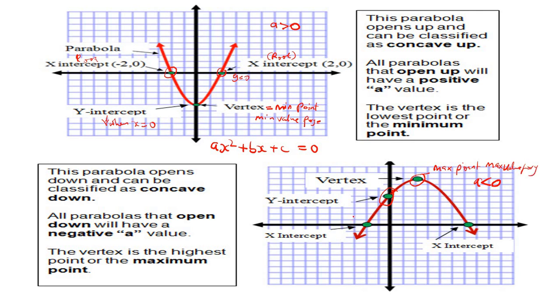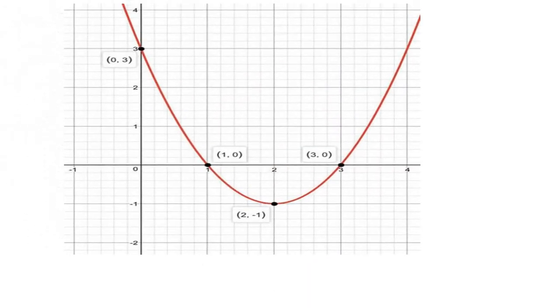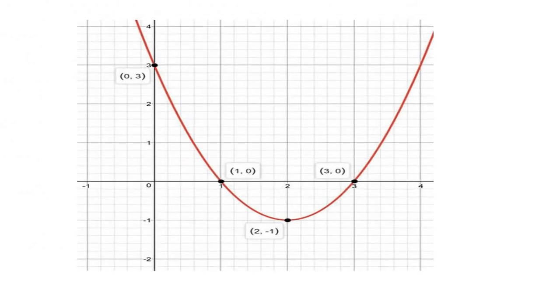So let's look at an example now. So here is our example. If you look at this, this is where we have our y-intercept. This is where the curve cuts. This is y, and here is x.